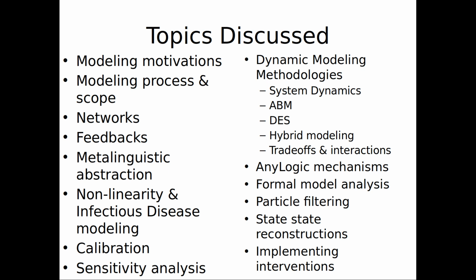Infectious disease models also have this contagion phenomena that involves interactions between individuals from the perspective of agent-based modeling, or mixing from the perspective of aggregate models. That's associated with coupling within a system, coupling between susceptibles and infectives.